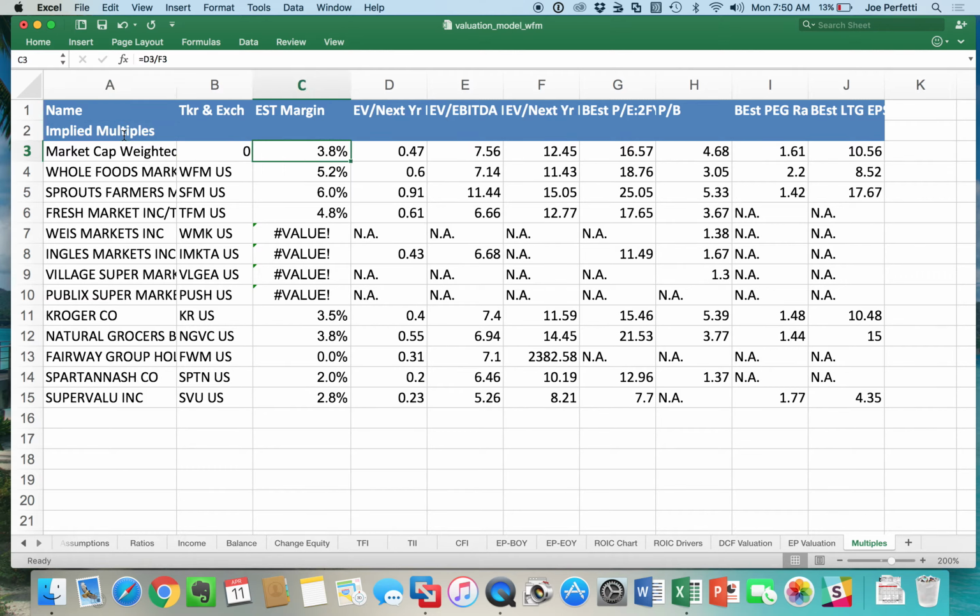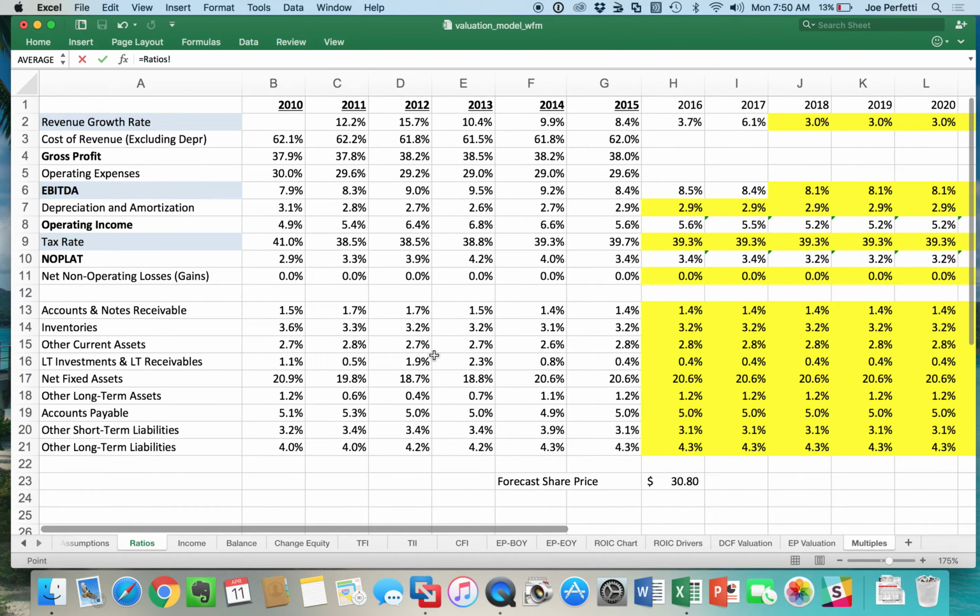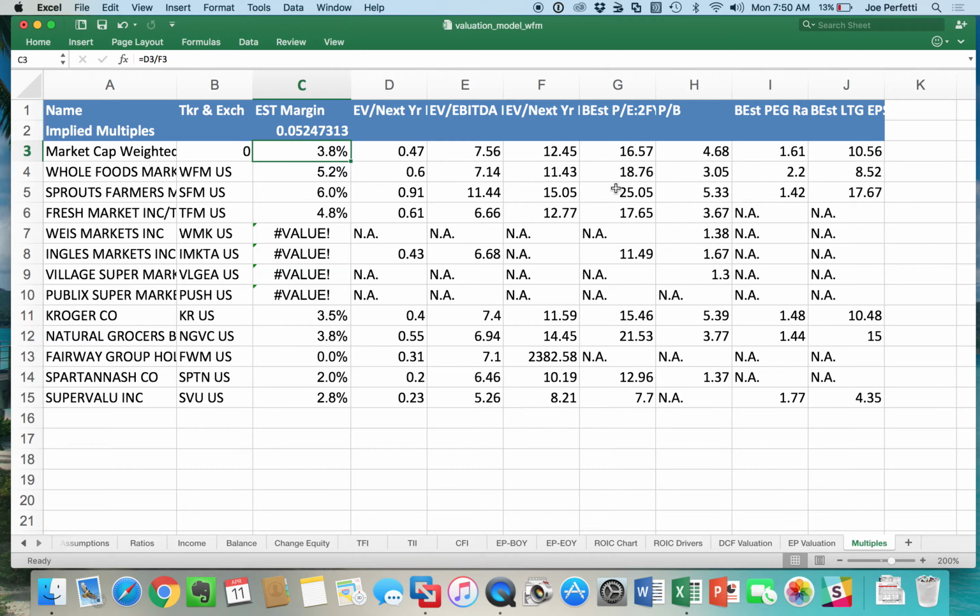So what are the implied multiples? Well, one, we had estimated a margin based on the multiples. So we're going to put our margin from the model in this tab. In this case, go to ratios. It's the operating income starting in 2018, which was the year that we were using the implied multiples for. So I'm going to put that here.